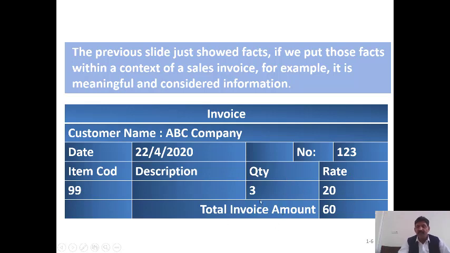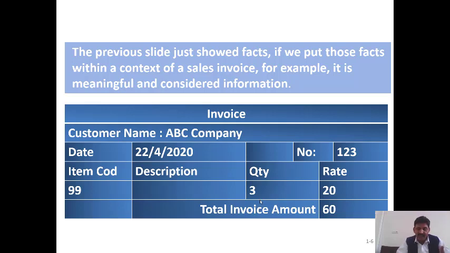So again, I hope you understand what we mean by data and what we mean by information. Once again, I'm explaining to you: by data we mean unprocessed, unorganized facts and figures on which a decision cannot be based.